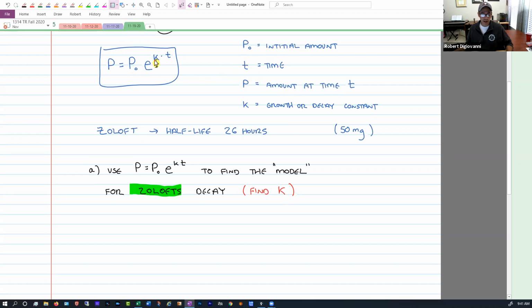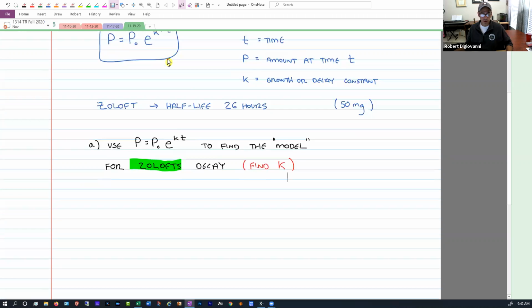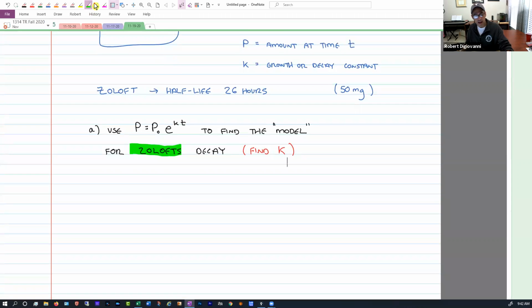And then k is what we call the growth or decay constant, and t is the time. So using the fact that it takes 26 hours for half of it to go away, watch what I'm going to do with this equation. And you would do this on every single problem that gives you a half-life. What you do is you say, okay, let me write the equation down here.